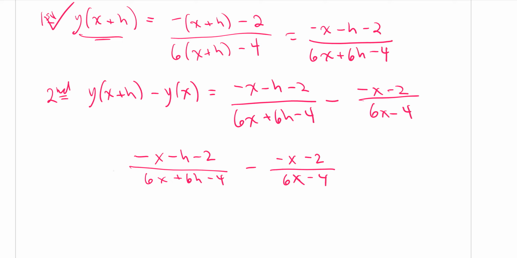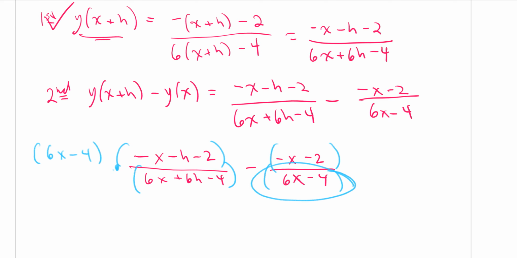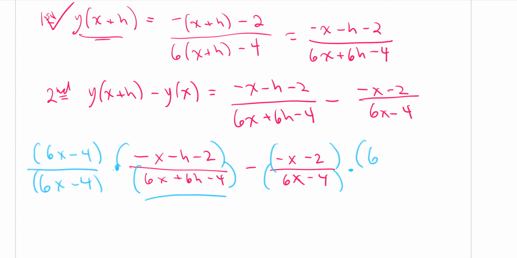Now I've rewritten what's up above, but I'm going to add now the factors that we need for the common denominator. So the first fraction needs a 6x minus 4 in the bottom, so we have to put it in the top as well, like so. The second fraction needs 6x plus 6h minus 4.